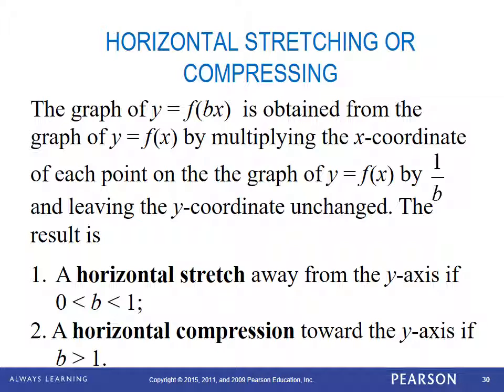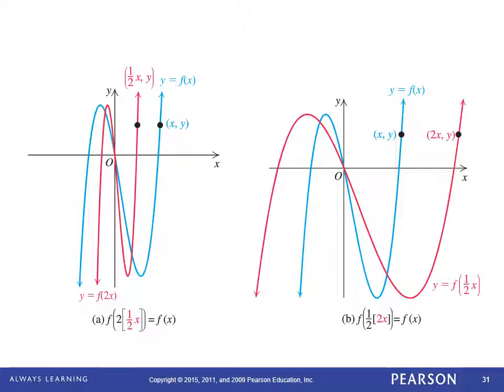All right, what does that look like? Just as a graph here. So the blue line is the original line right here. And if we have f of 2x, so there's a multiplier of 2 on your variable, notice what happens: everything gets compressed back toward the y-axis if you think about it.